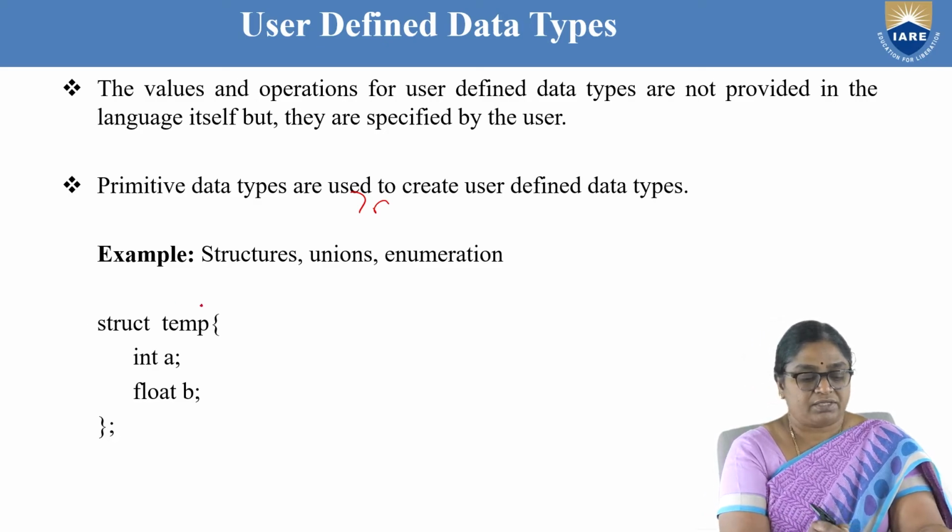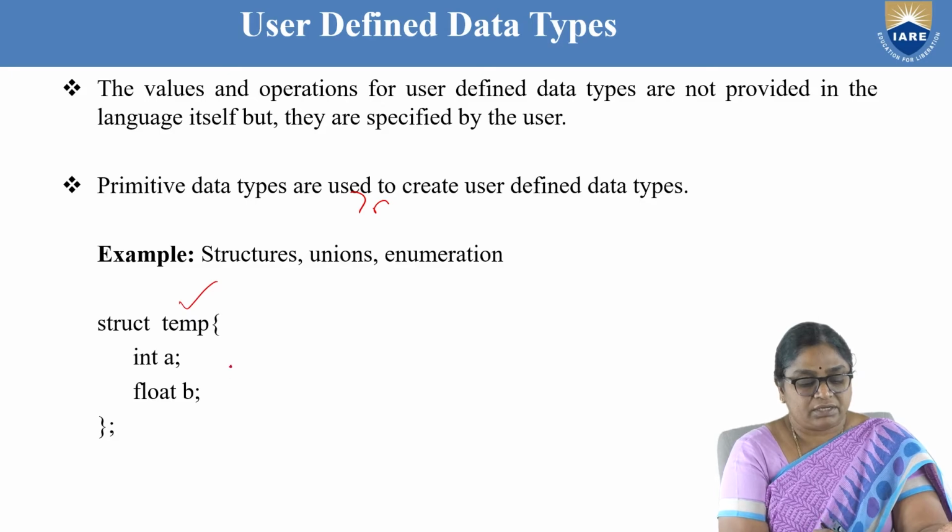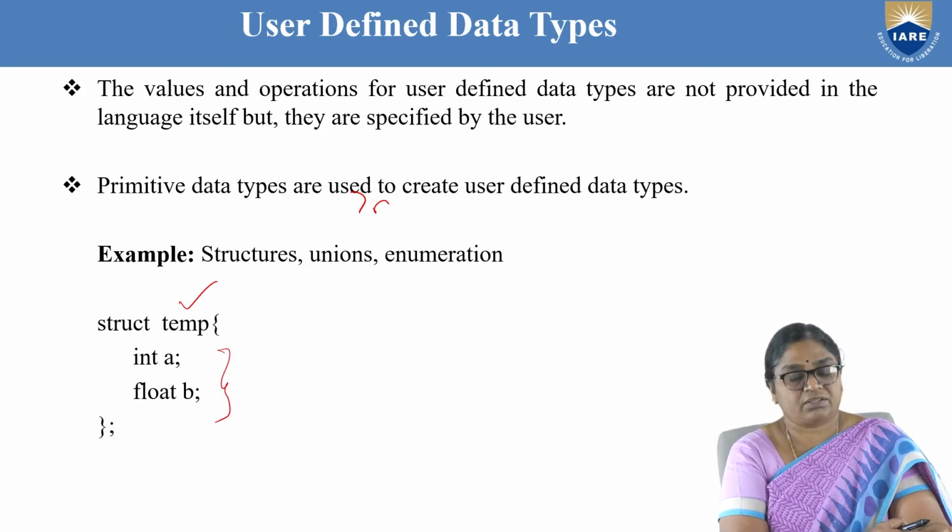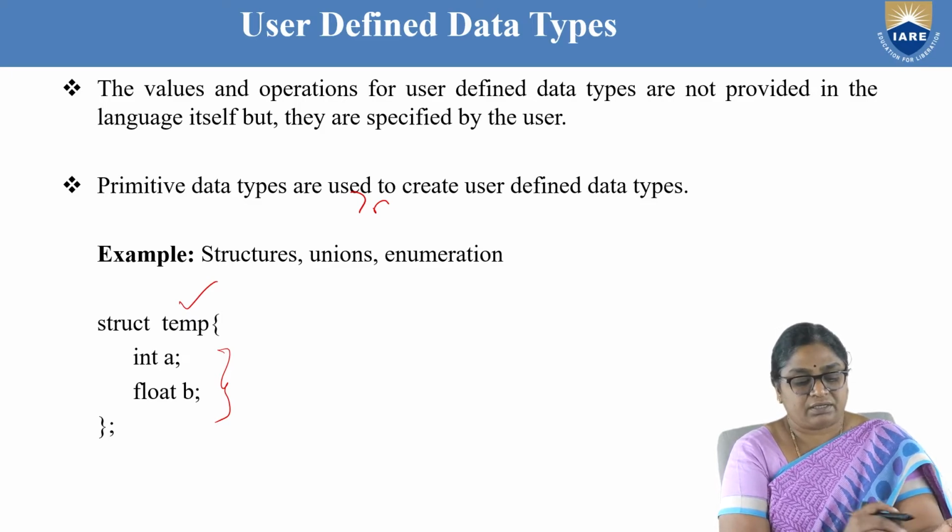For example, structure. Here, we are creating a user-defined data type, temp, which is having two members. One is of type integer and the other one is a float member. So here we are creating the user-defined data type temp.